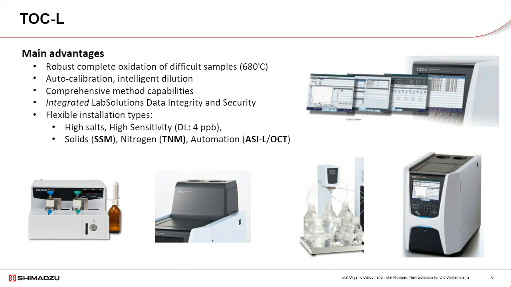It also has auto-calibration features and intelligent dilution capabilities. We have comprehensive method capabilities and integrated software for data integrity and security of your data. We also offer many different configurations and many different accessories to meet all lab needs.